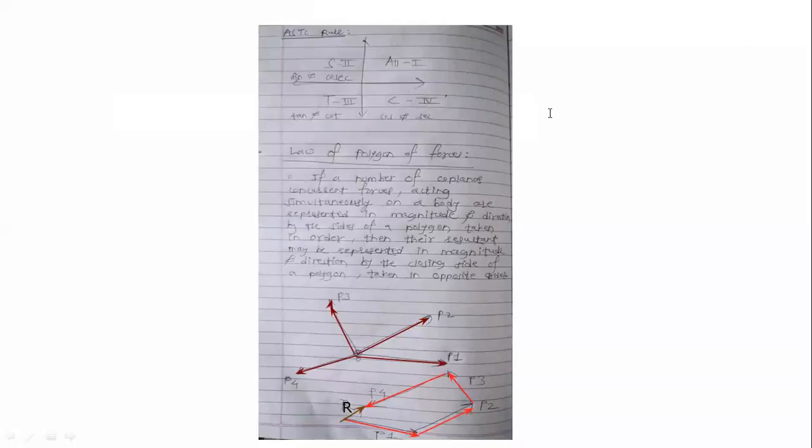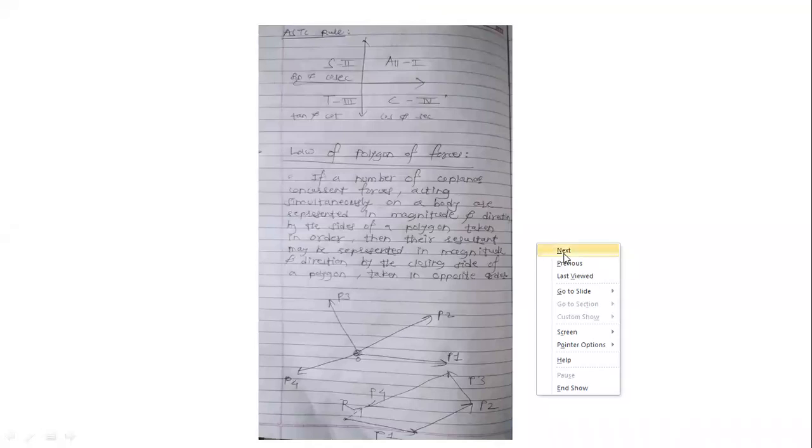So I hope that you understood clearly what the triangle law is, and what the polygon law is, that is the law of polygon. So you must have understood that.